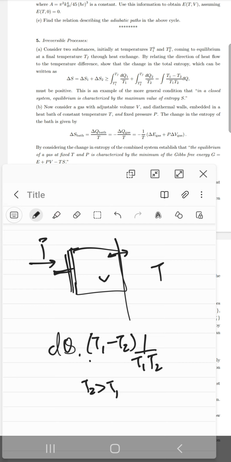Yeah, actually, right? T1 is bigger than T2. Okay, it should be T1 bigger than T2, sorry. Because heat is flowing to T2, right? So T2 has to be the smaller one.